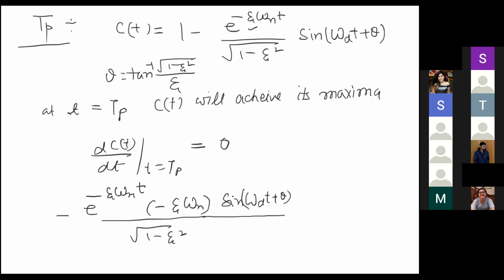And then we are going to take this one as a variable and this one as a constant. So this will become e to the power minus zeta omega n t upon under root of 1 minus zeta square, and this will become omega d cos of omega d t plus theta. Now we have to equate this one equivalent to 0.